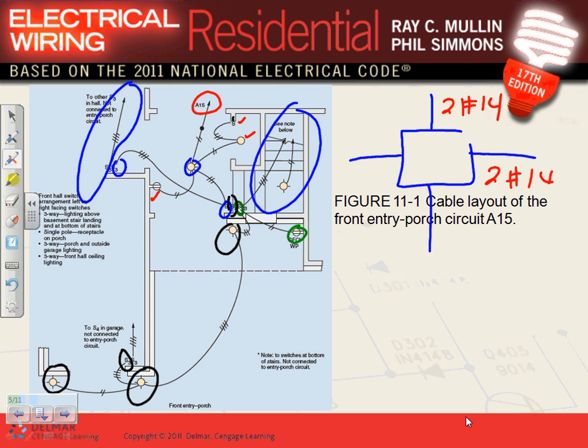And the bottom, this side is coming 3 number 14, 3 number 14, and this guy has a 2 number 14. Are you talking about this one? Yeah, this one. So how many conductors do we have? 9 conductors, number 14. I can't find a standard size box for that.